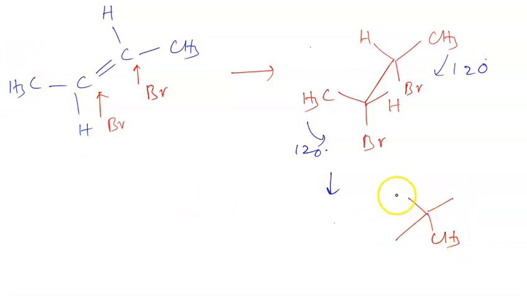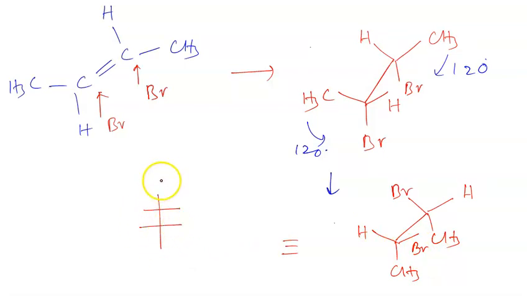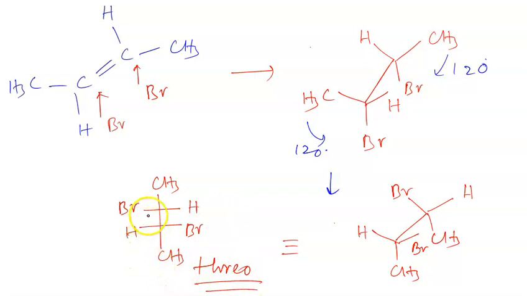CH3 will come here, bromine will go here, and hydrogen will be here. Similarly, here we will have CH3, and here bromine, and here hydrogen. That means its equivalent Fischer projection formula is like this: CH3, CH3, Br, Br, H, and H. So this is nothing but one isomer of threo, either D or L.